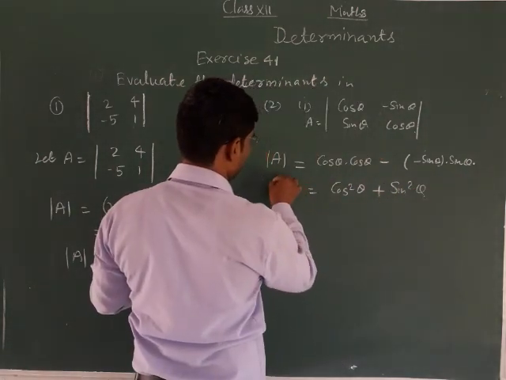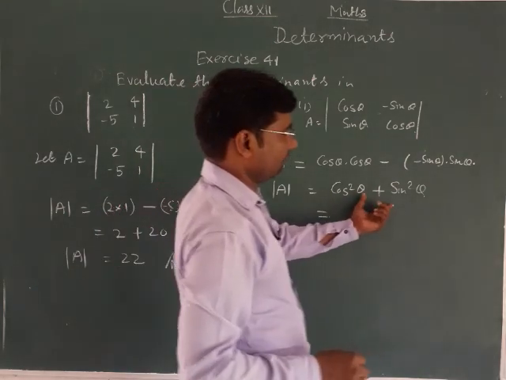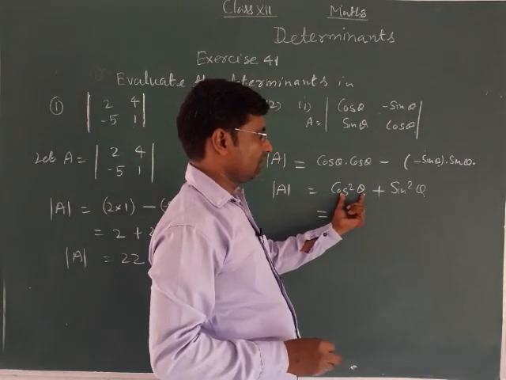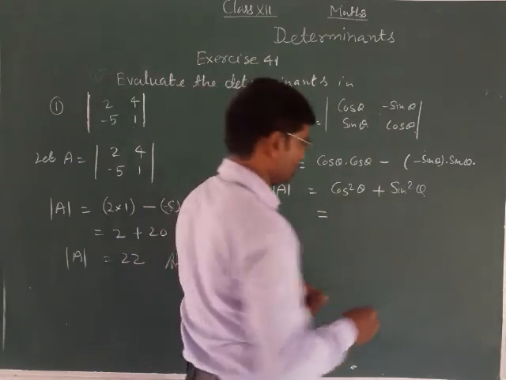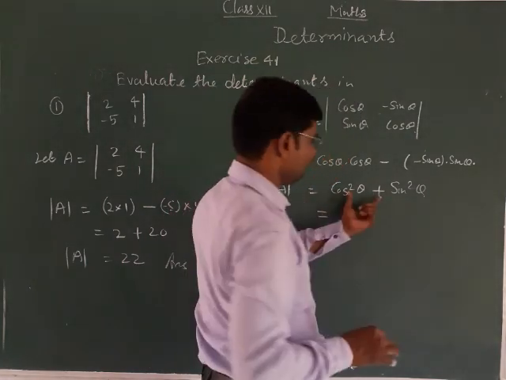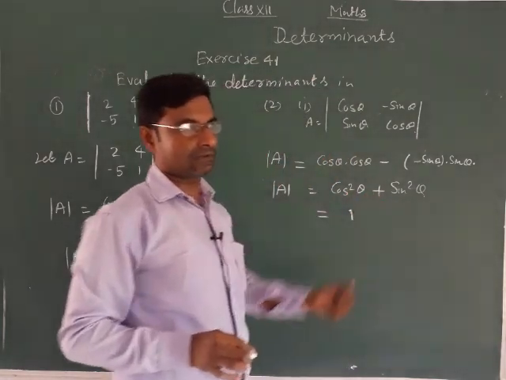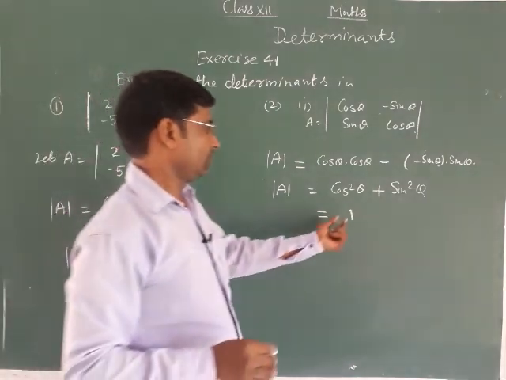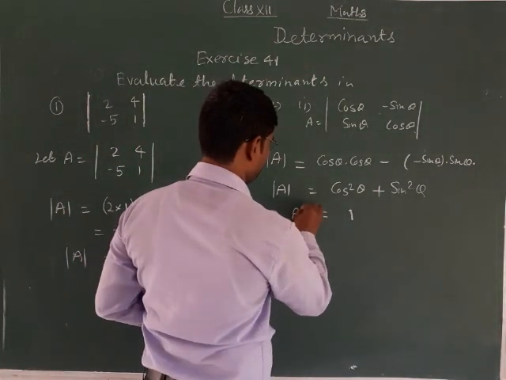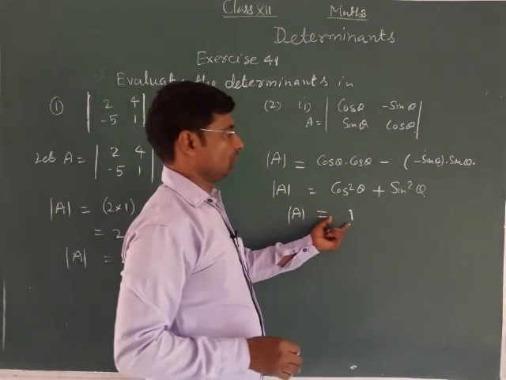By the trigonometric identity, cos square theta plus sin square theta is equal to 1. So determinant of A is 1.